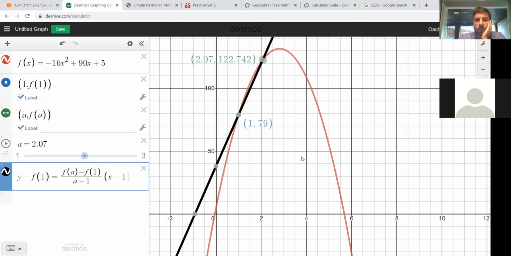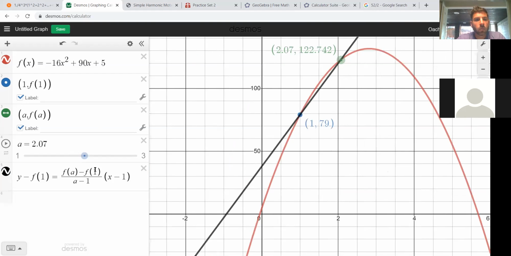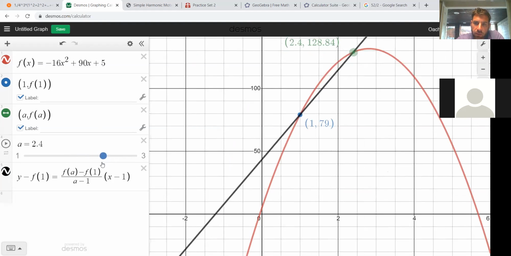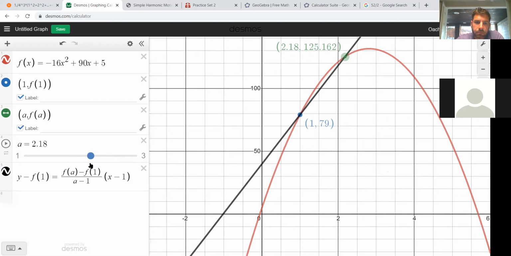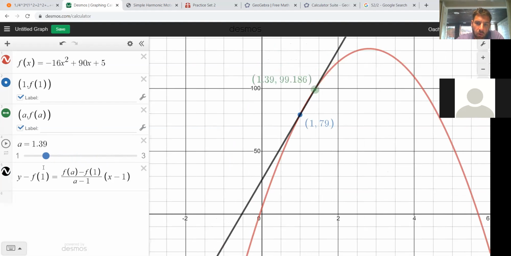What I would ask you to consider is merely consider the picture. And what I want you to look at is what happens as the green point moves to the blue point. That black line, which is touching the curve twice, begins to look more and more like it is touching the curve once. And so that is how we're going to define this geometric notion of the tangent line.